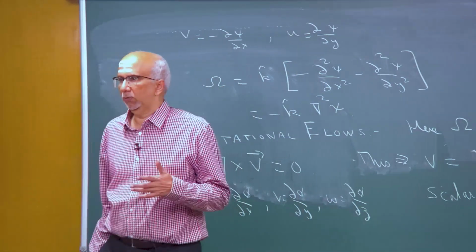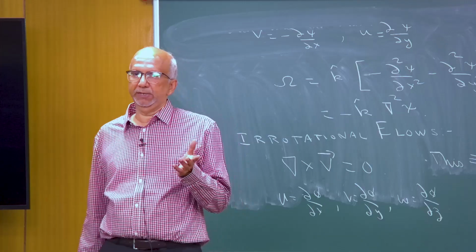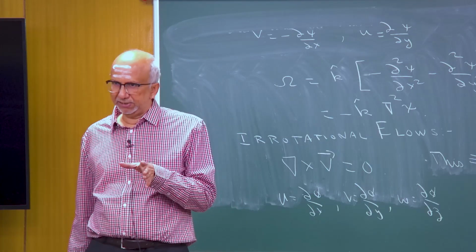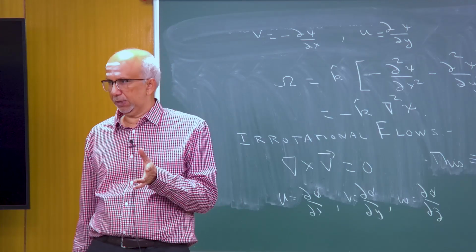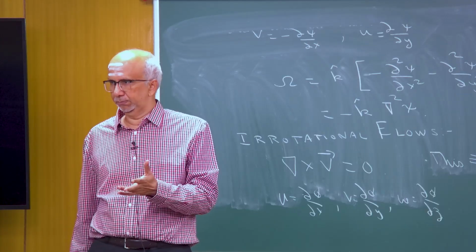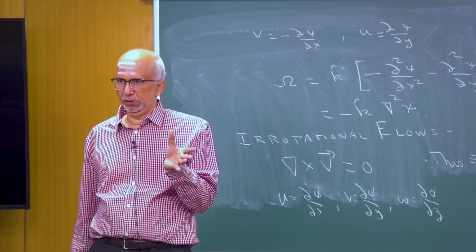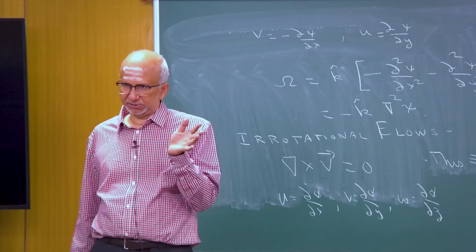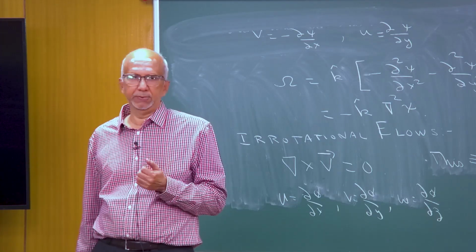So when I am talking about irrotational flows, I am talking about things in terms of potential. I am not restricting myself to 2D. This kind of flow can also be done for 3D. Okay. Streamlines are defined only for 2D. Potential functions can also be valid for 3D.